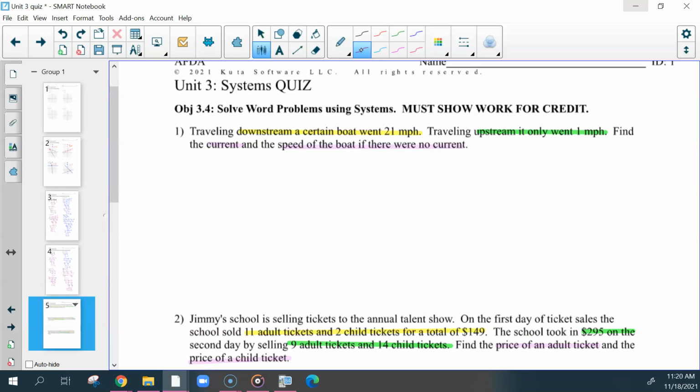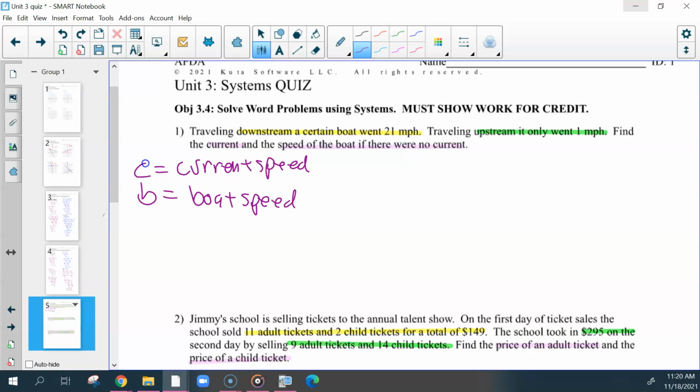That means the current speed and the speed of the boat. So the two things you don't know are going to be your variables. Call them what you want. I'm going to say C and B for current speed and boat speed.